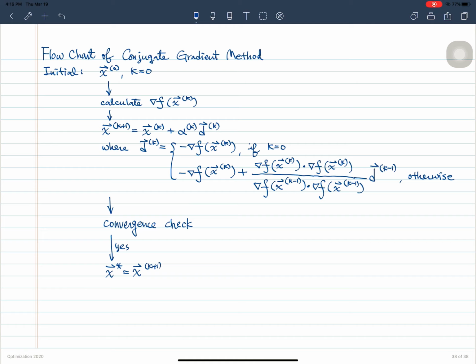If not, then k equals k plus 1. And then go back to the first step, and then you move on to the next iteration. So this is basically the procedure of conjugate gradient.